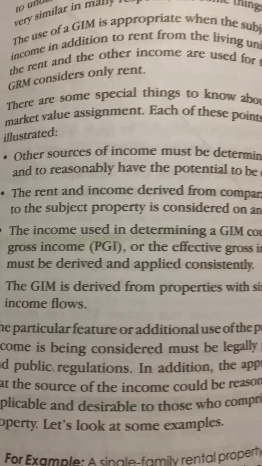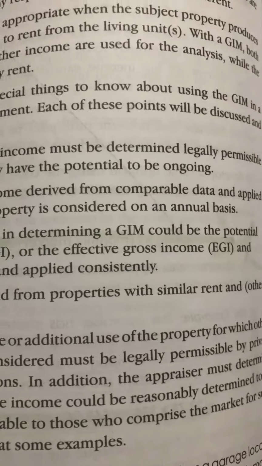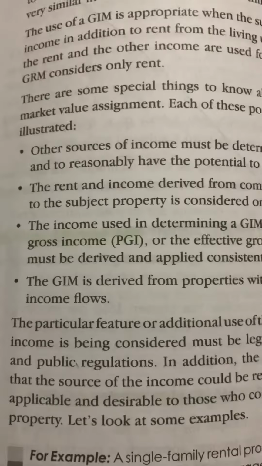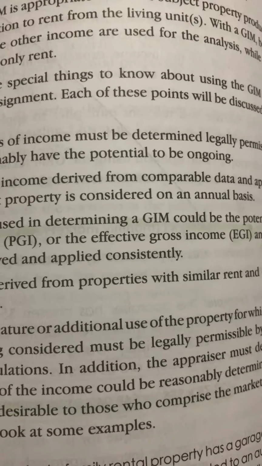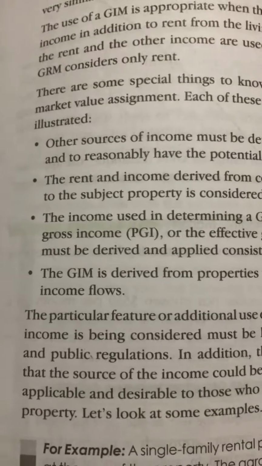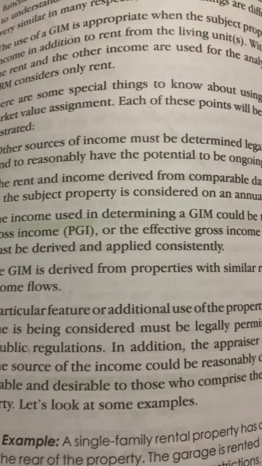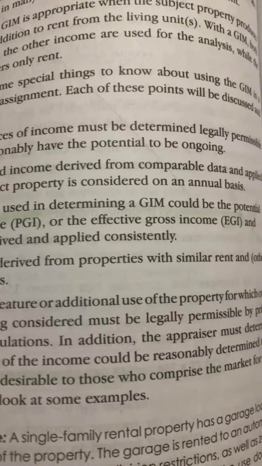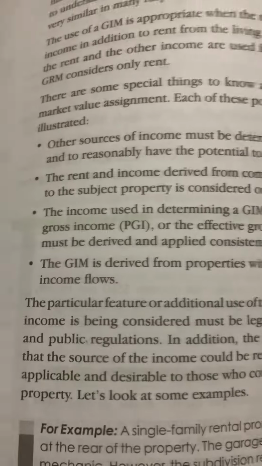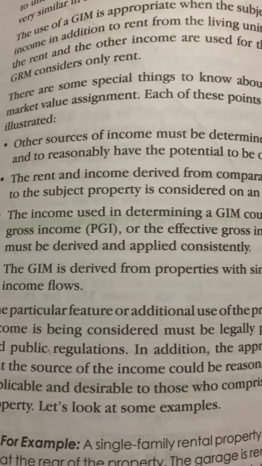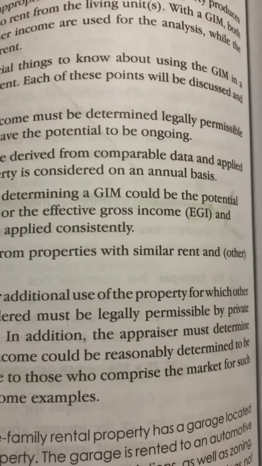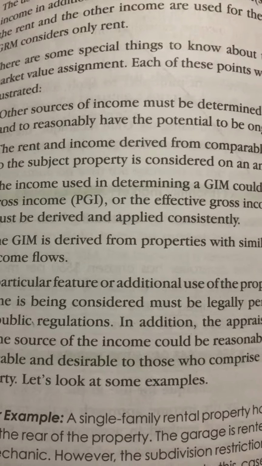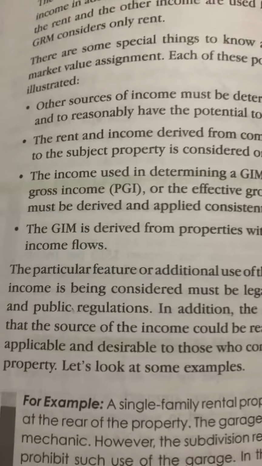The rent and income derived from the comparable data and applied to the subject property is considered on an annual basis. The income used in determining a gross income multiplier could be the potential gross income, PGI, or the effective gross income, EGI, and must be derived and applied consistently.